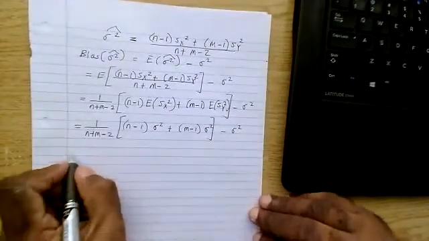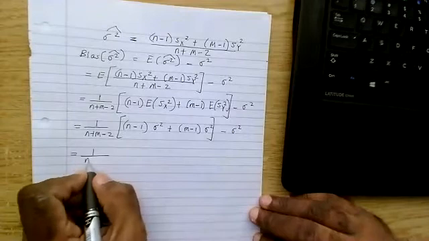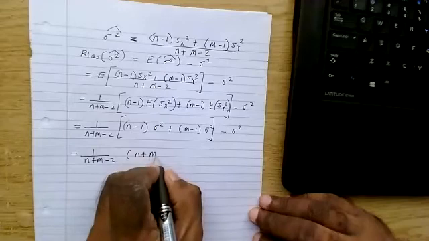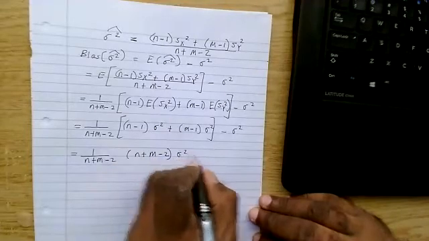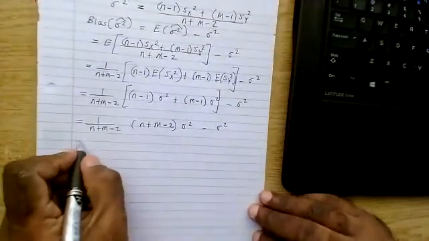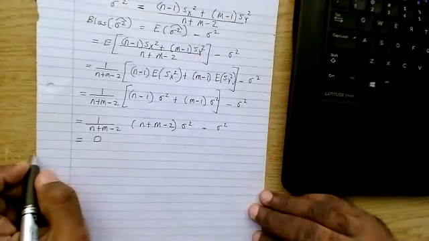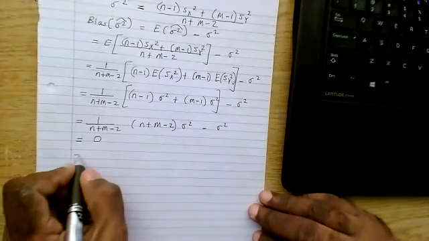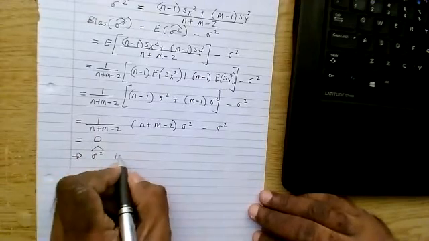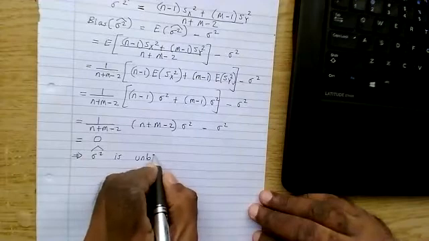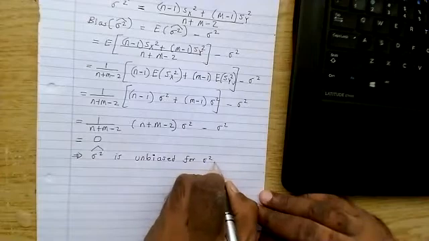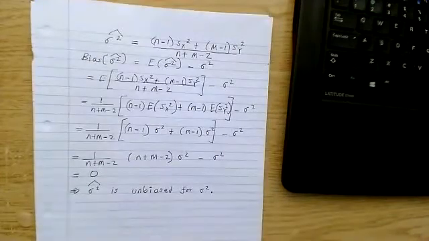Okay, so you have this, right? And this is equal to 0. All right. So once again, we have shown that this estimator is unbiased for the population variance.